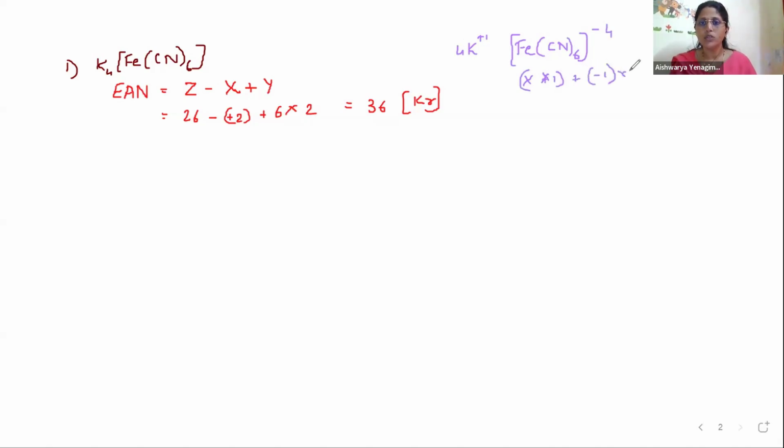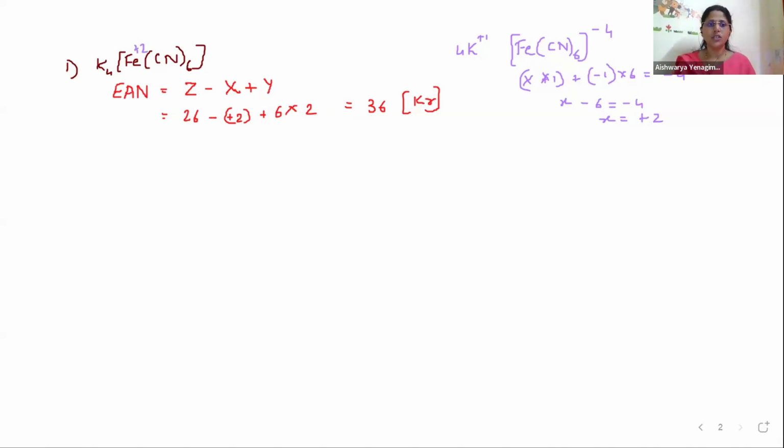Minus 1 into 6. That is equal to the total charge, minus 4. So X minus 6 equals minus 4. How much does it become? X equals +2. So the charge on Fe is +2. This is how we calculate the charge on the central metal atom.